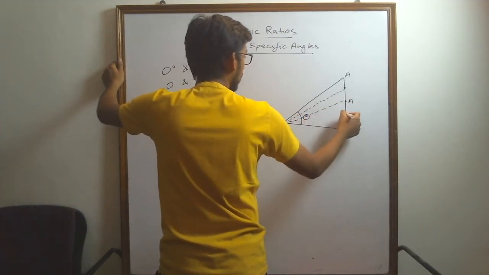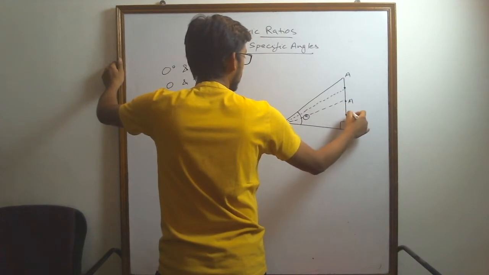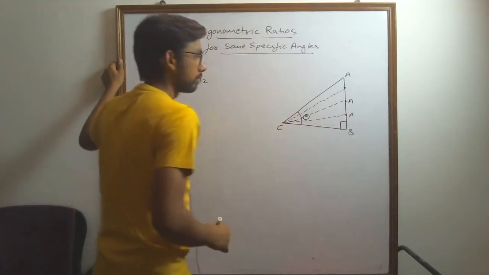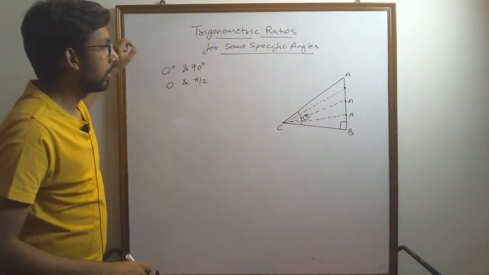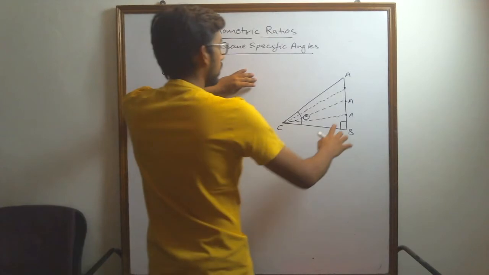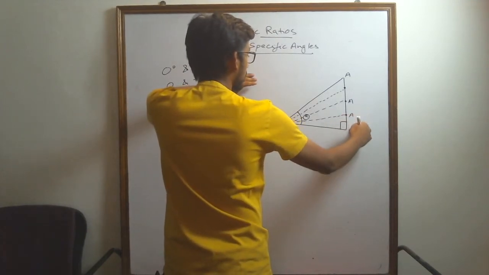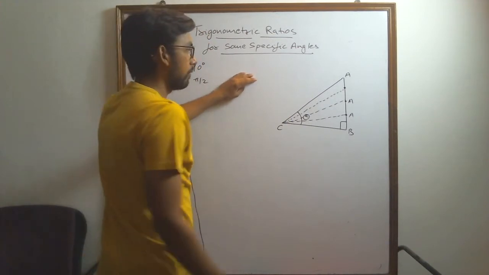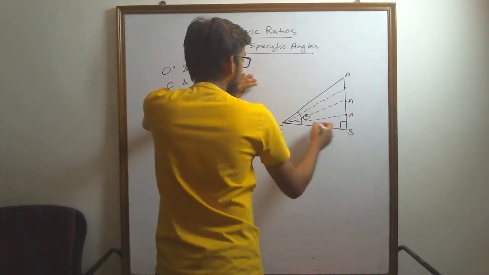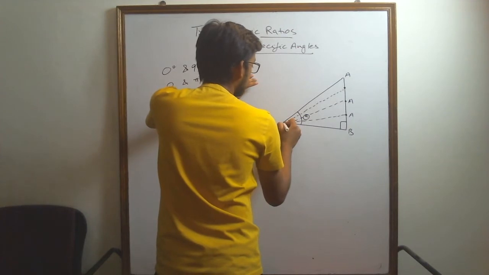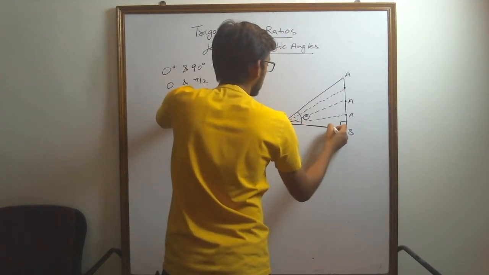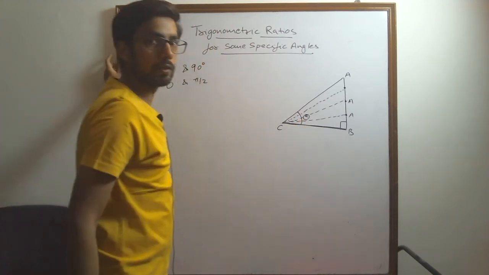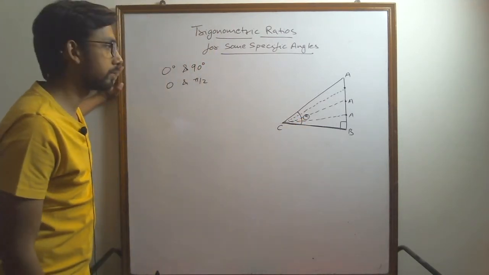It gets smaller and smaller as I keep moving A closer and closer to B. Now what happens if A, which is moving closer and closer to B, is exactly on B? If I keep A exactly on B, AC is exactly the side BC, and this angle theta becomes 0 degrees or 0 radians.